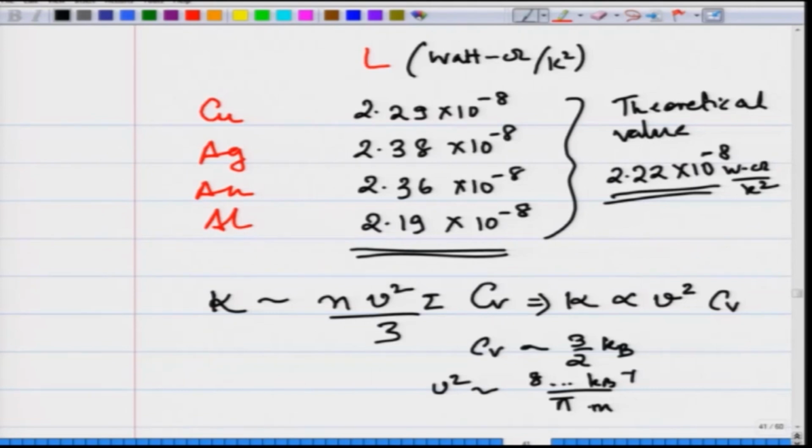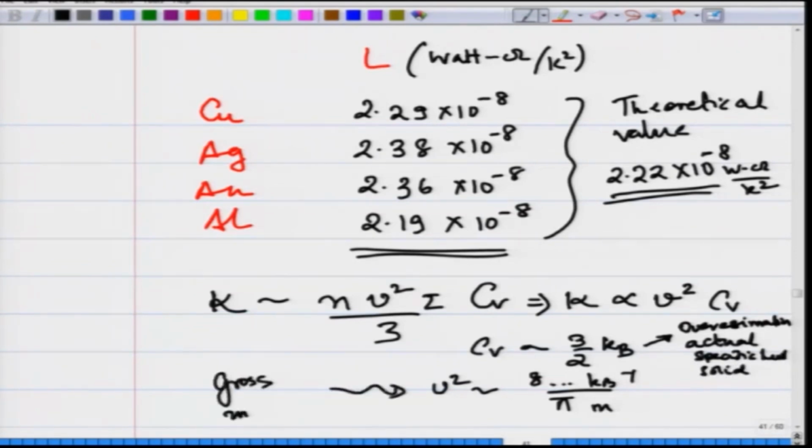Now, it turns out that this is an overestimation of the actual specific heat of the solid, and this is a gross underestimation of the mean square velocity.